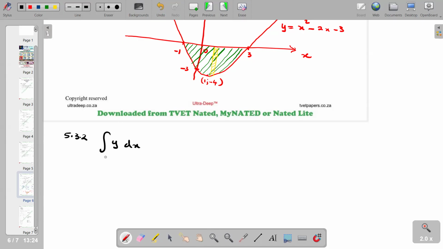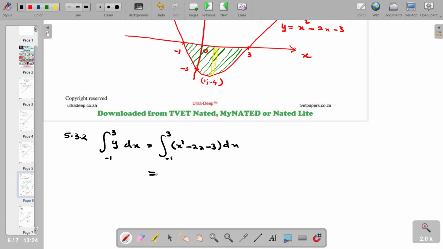Our limits are going to be from -1 to 3. So this simply means the integral of x squared minus 2x minus 3 dx, from -1 up to 3.